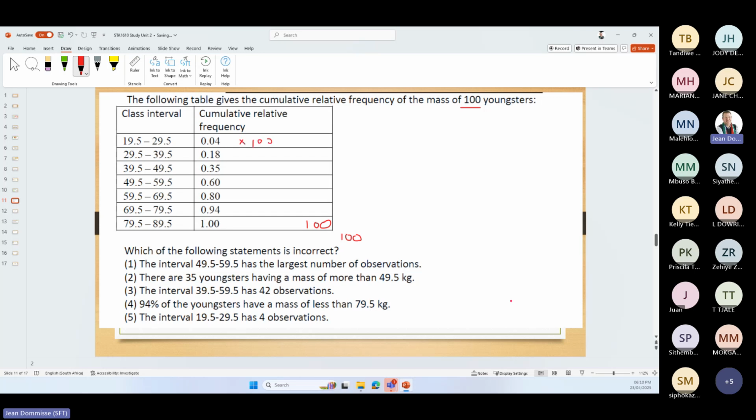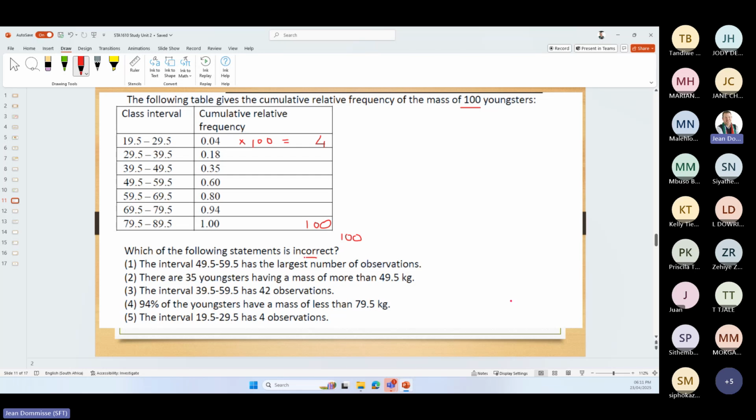Whatever the sample size is, you multiply it with the sample size to get the cumulative frequency. So the cumulative frequency for the first category, 19.5 to 29.5, would have been 4 students or 4 youngsters. So we're not going to do all of them. You only look at what is needed for all these questions.